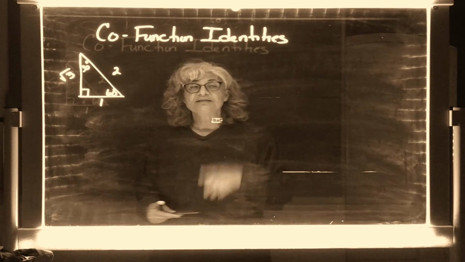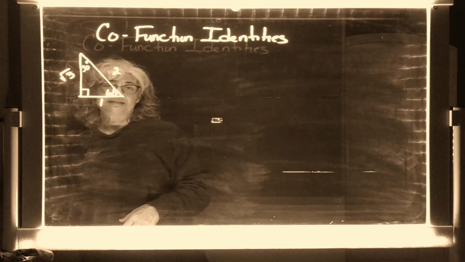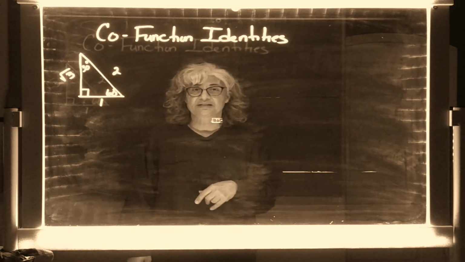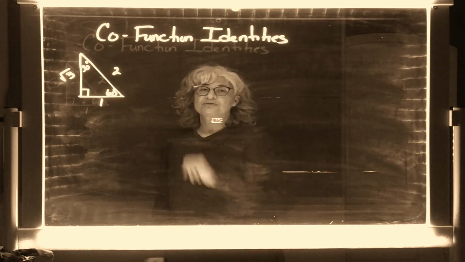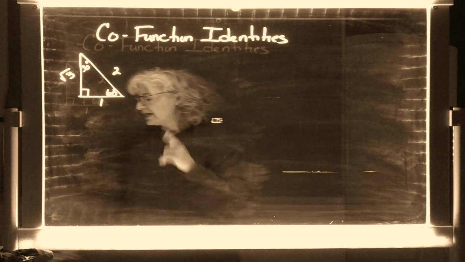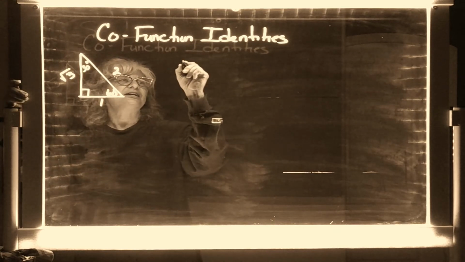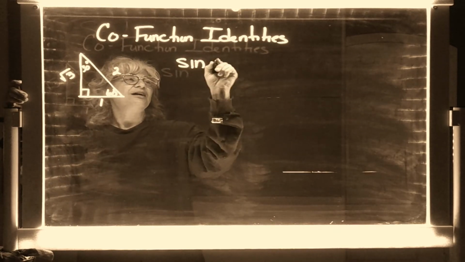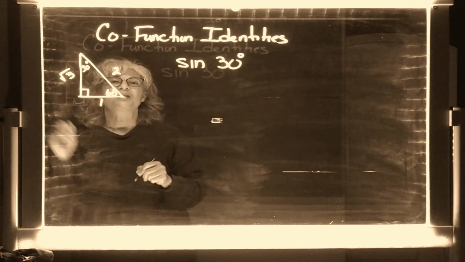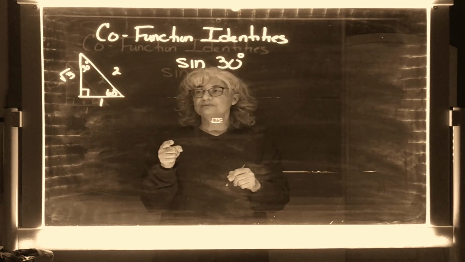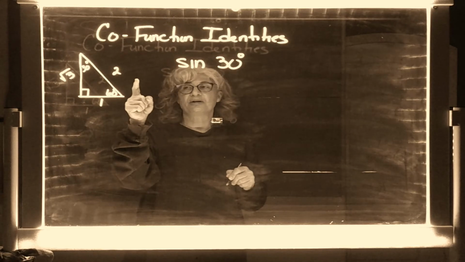Okay, so let's talk about one more set of identities, known as cofunction identities. Over here I've drawn our 30, 60, 90 degree triangle, and what I'd like us to look at is this. I'd like us to find the sine of a 30 degree angle. Now sine is equal to opposite over hypotenuse, right?